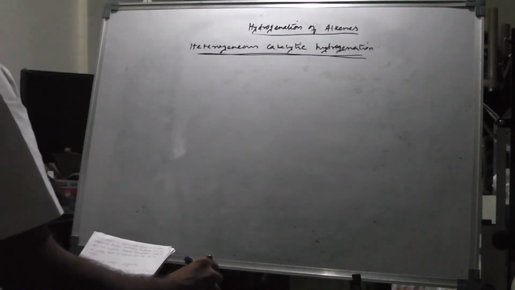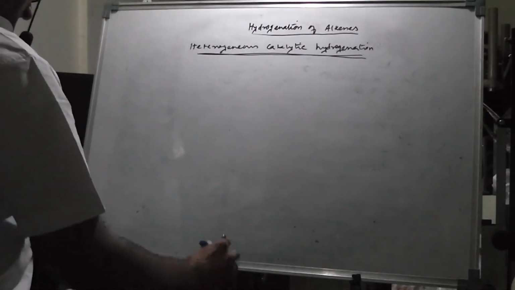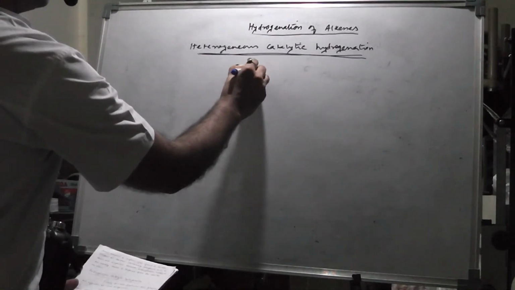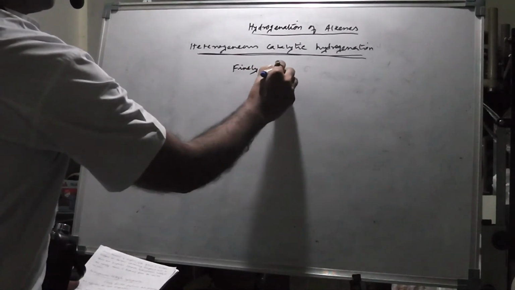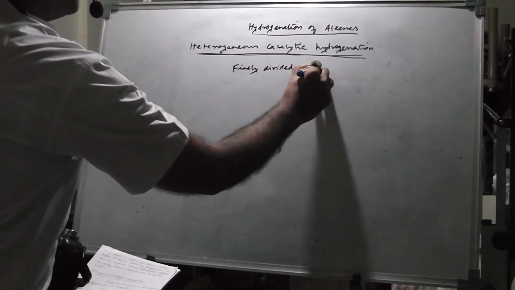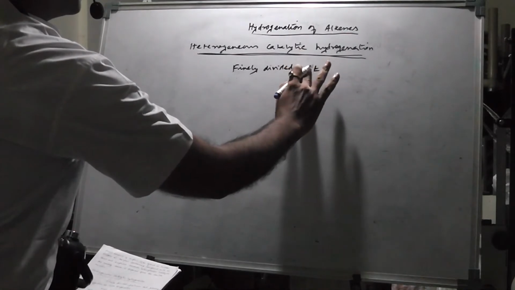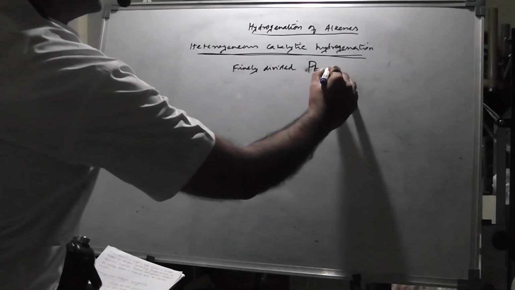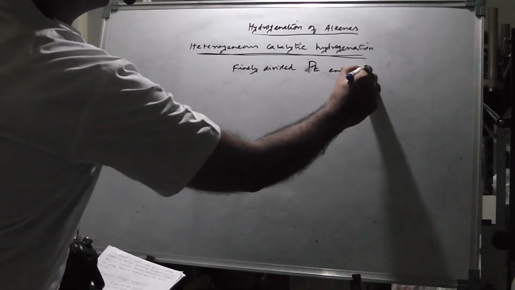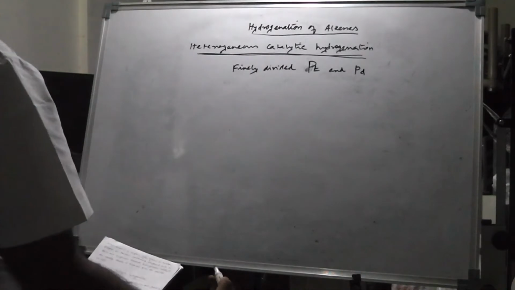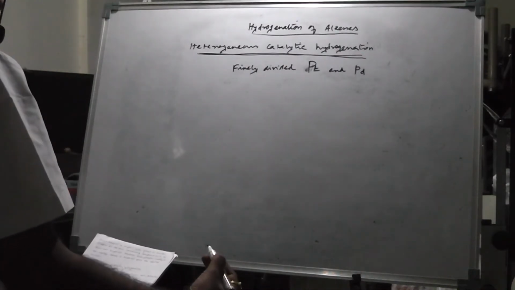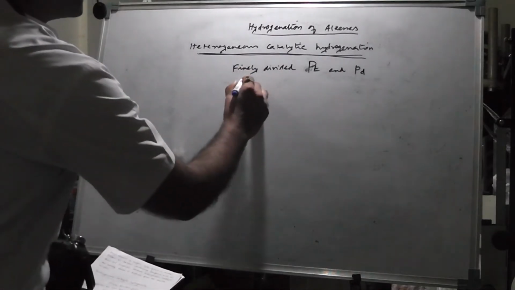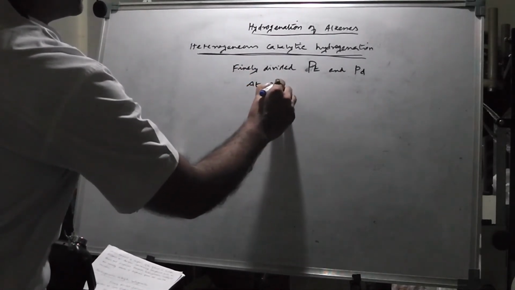First we will discuss heterogeneous catalytic hydrogenation. Finely divided platinum and palladium are the examples for heterogeneous catalytic hydrogenation, very efficient at room temperature.